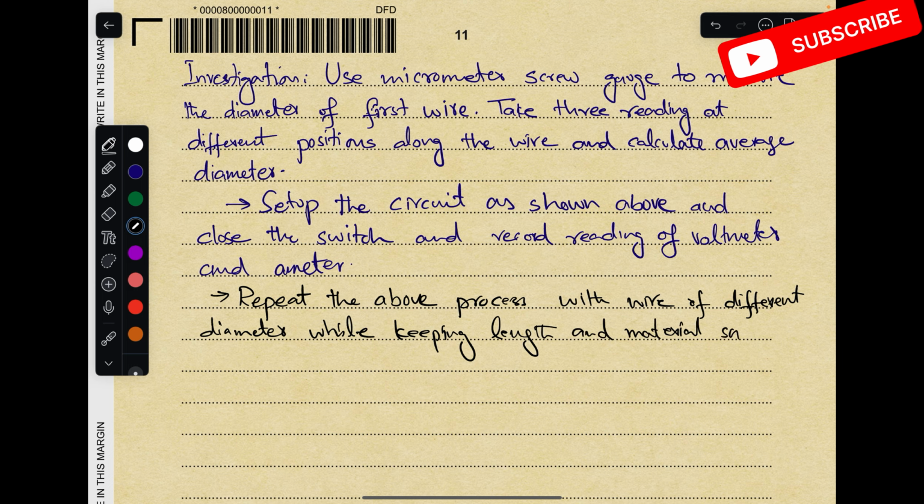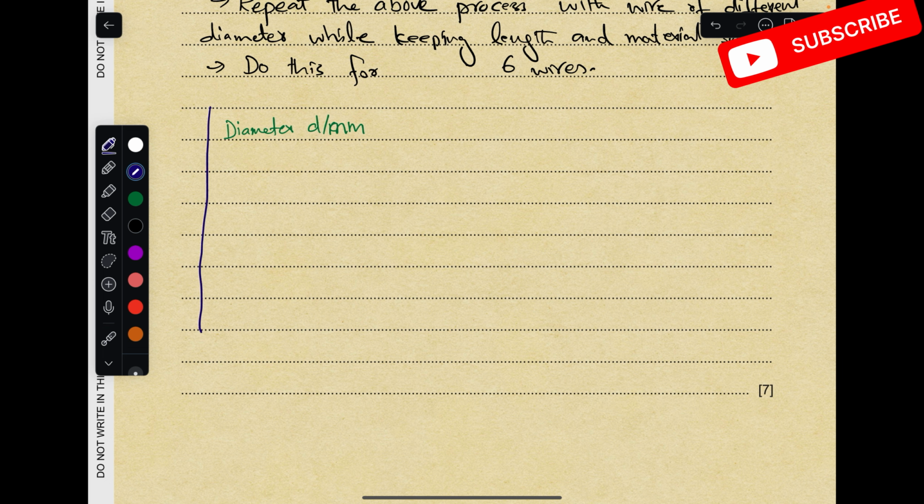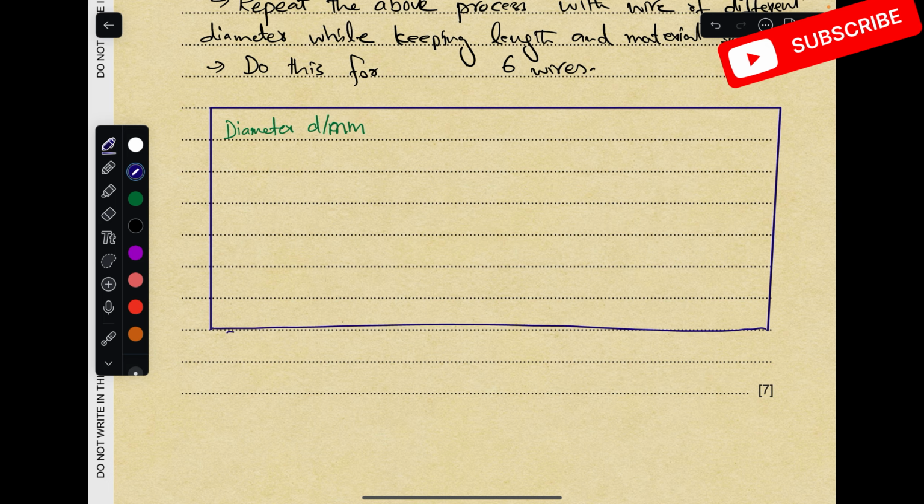When you draw the table, first thing that will come is the diameter, d, and its units are millimeter. And draw the table properly with a scale, straight lines, as neat as possible, so it gives a presentable look. So this is the diameter.